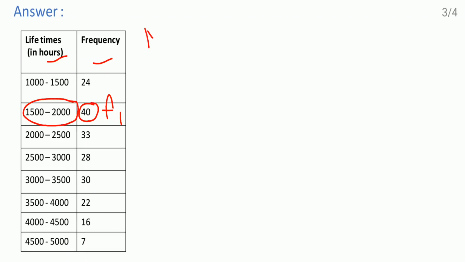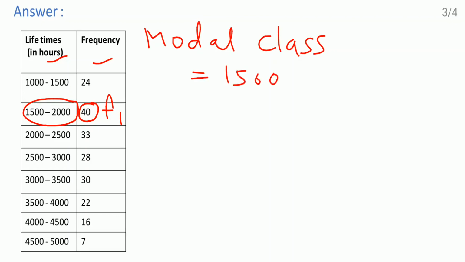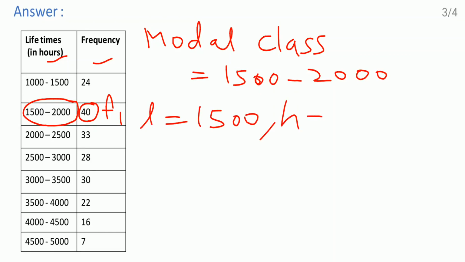So let me write down here modal class, which is equal to 1500 to 2000. So here lower limit is 1500. Now if I want to find out H, that means upper limit minus lower limit. This one is the upper limit, this one is the lower limit.